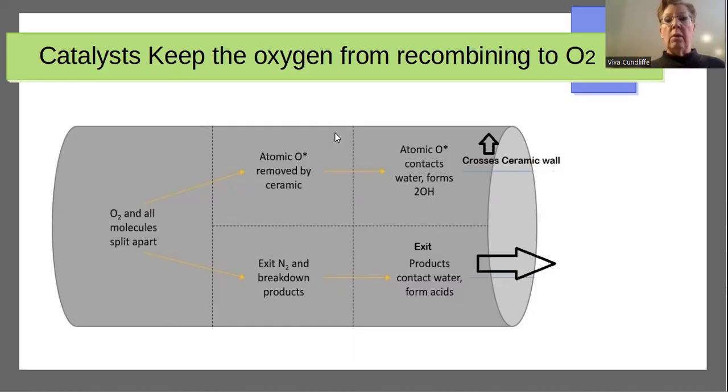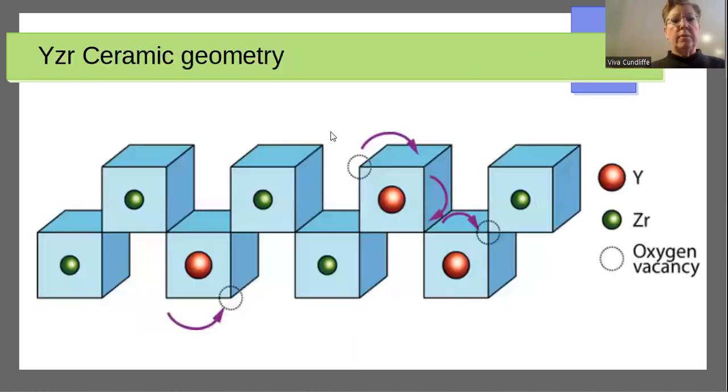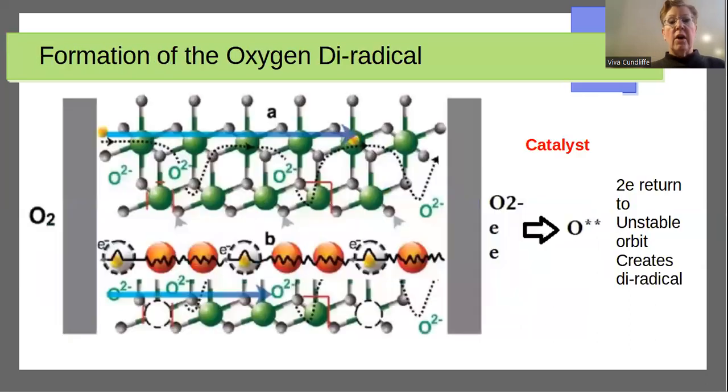So only a small amount of pressure is required to do that for the feed gases of oxygen, CO2, or air. Here's the geometry of the yttria and the zirconia, showing the well understood oxygen vacancies that are happening.